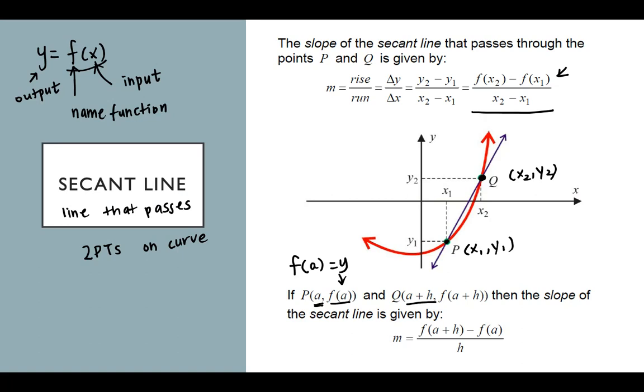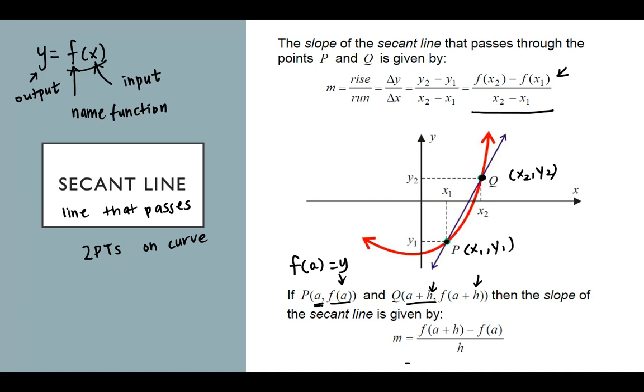The reason it's a plus h is the difference. What does that mean? We want h to be smaller, the difference to be smaller, if we're looking for a tangent. But right now, h could be any number as long as you are consistent when you are plugging into y.